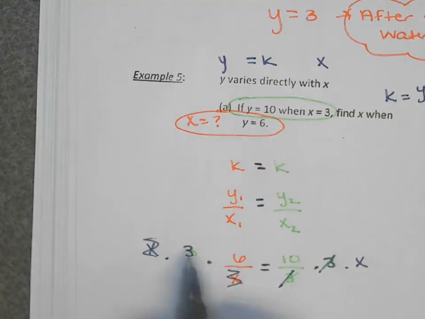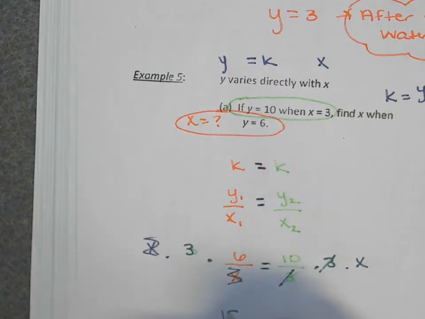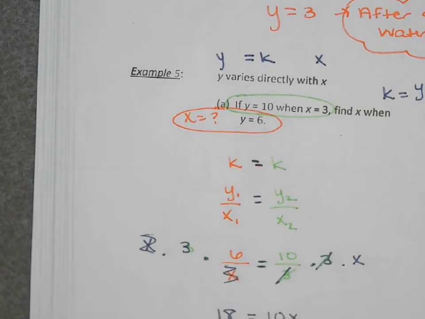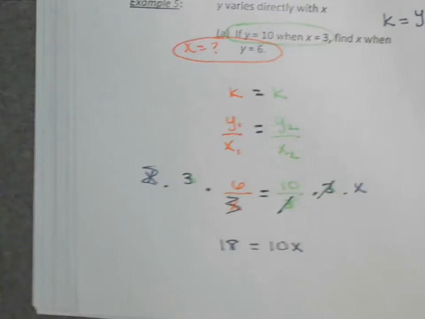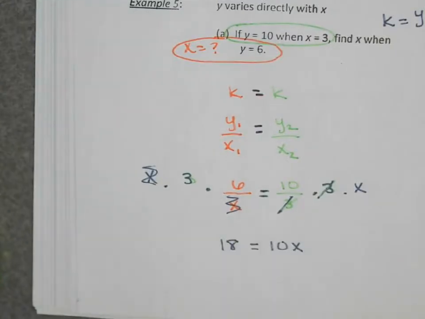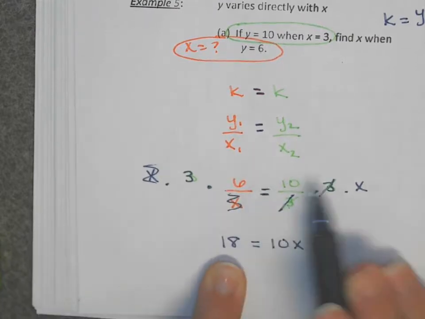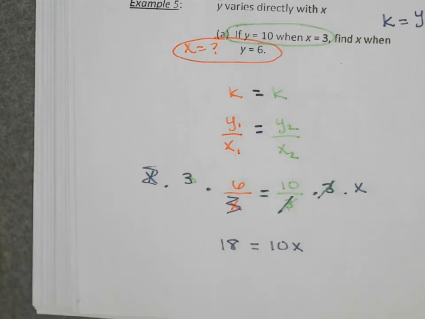And what we're left with is 3 times 6 is 18 equals 10 times x is 10x. Now some people know that if you have a fraction equal to a fraction, you can cross multiply. That is what we just did. We did 6 times 3 on the left and 10 times x on the right. We cross multiplied. That's all cross multiplication is: you multiply both sides by each denominator. And it undoes those fractions for you.